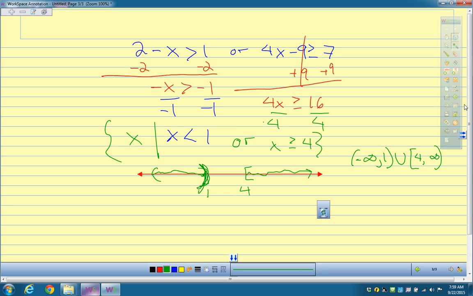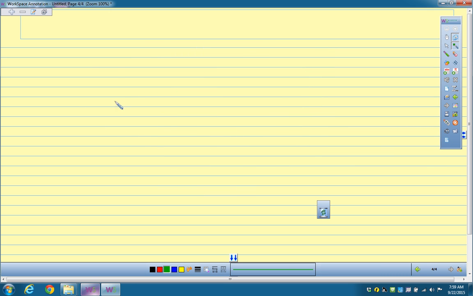Ooh, this one's hard. Maybe you guys could try to do it. Let's have you try. Okay? So here we go. I like to call it you try. Okay? 4x plus 2, divided by 3, is greater than 6, or negative 3x minus 1, divided by 2, is less than negative 8.